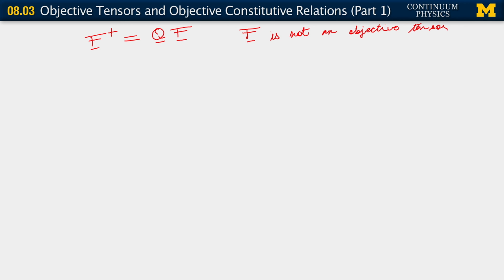This has to do with the fact that if you recall what the indices on F are, remember it's a two-point tensor. It has one index in the current and one in the reference configuration. That is what we're seeing reflected here.